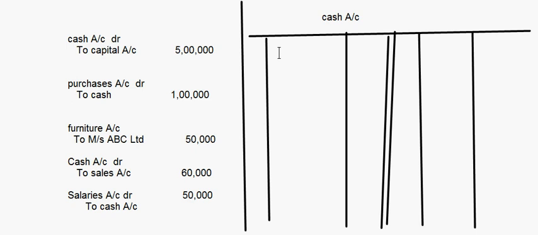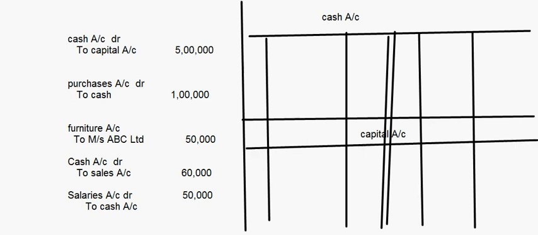Now the first thing, now see here, when you have this cash account to capital account, there are two accounts involved in this, so I'll make the capital account also here. This is the capital account, right? The same columns for this, so this is basically date, particulars and amount.